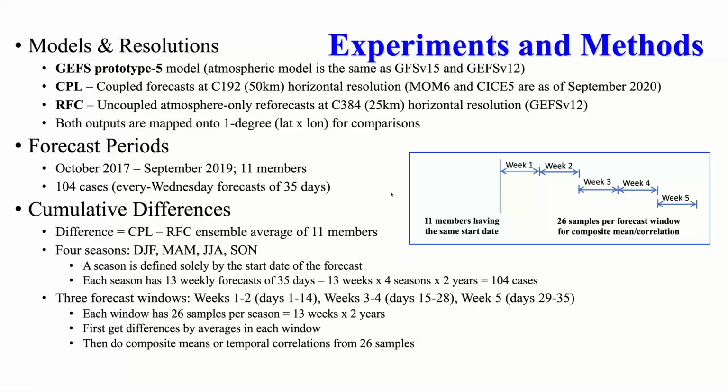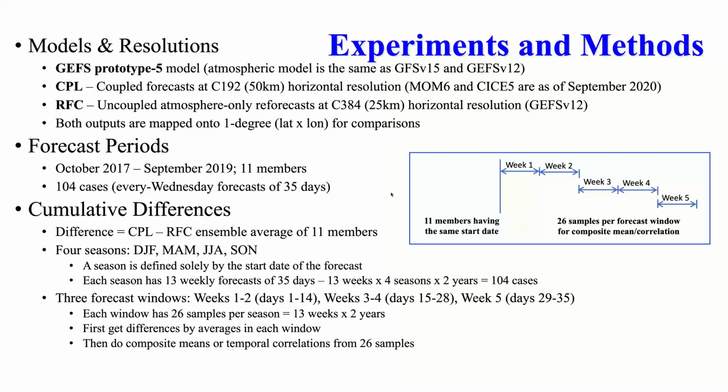What we are using for this analysis is the GFS prototype 5 model, where the atmospheric model is identical to GFS V15 and GFS V12. We are going to analyze 2 different versions. One is the CPL, the coupled forecast. The other is the reforecast, uncoupled, atmosphere only.